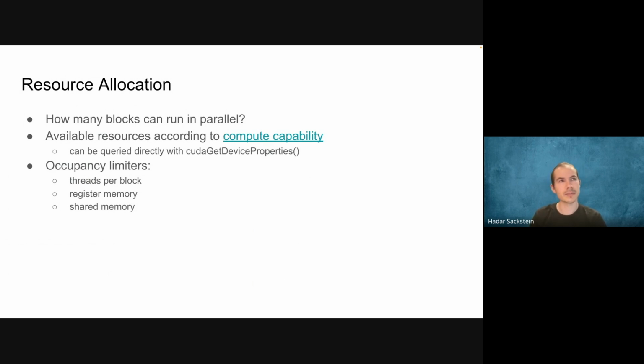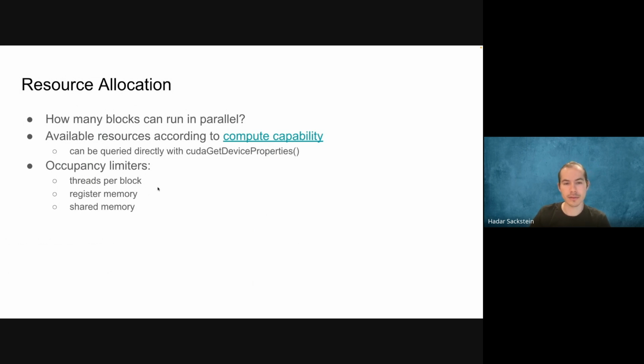So what limits the number of threads or blocks that can be run in parallel? We have three different occupancy limiters. Either it's the number of threads per block, or the amount of register memory that each thread requires, or it is the amount of shared memory that the block requires.